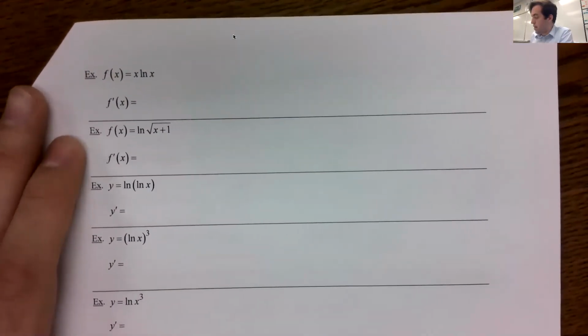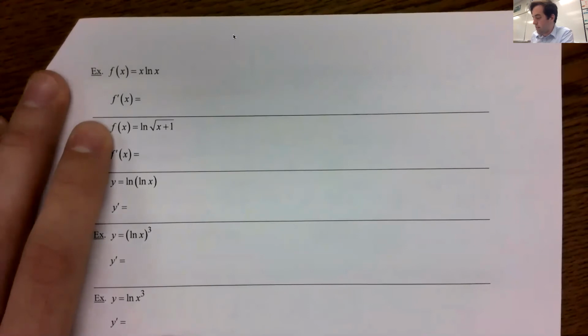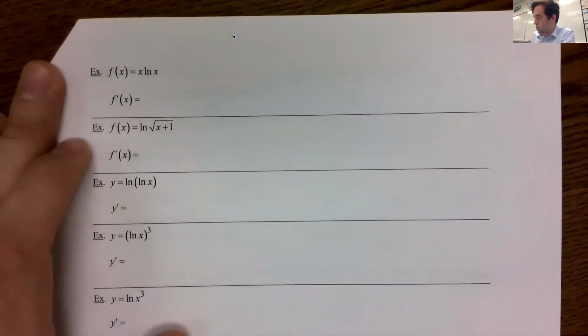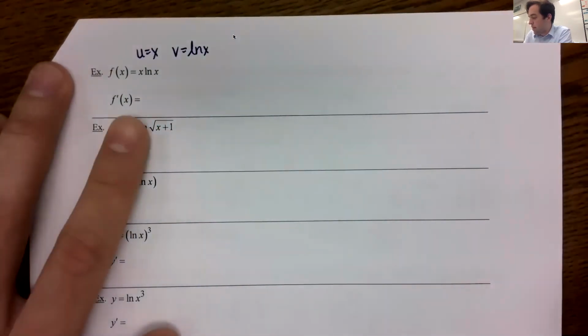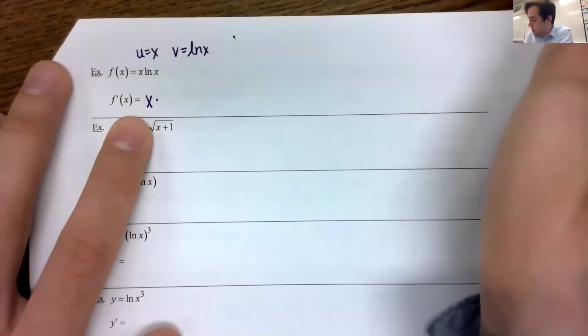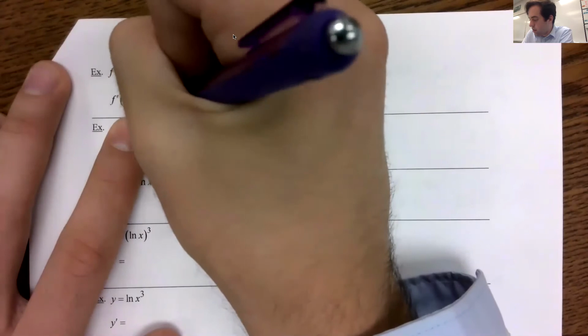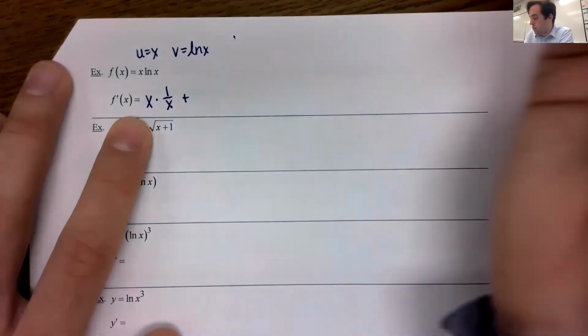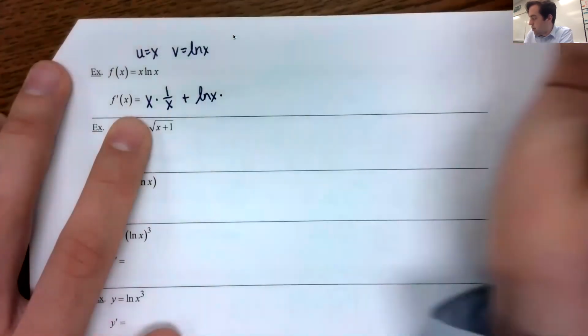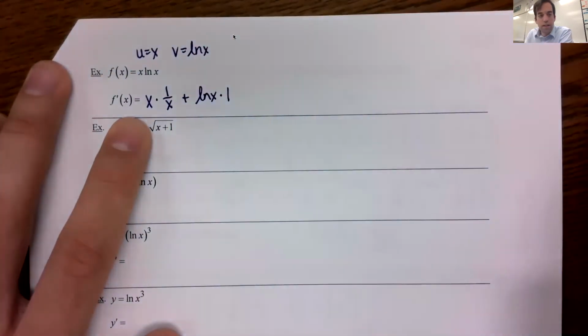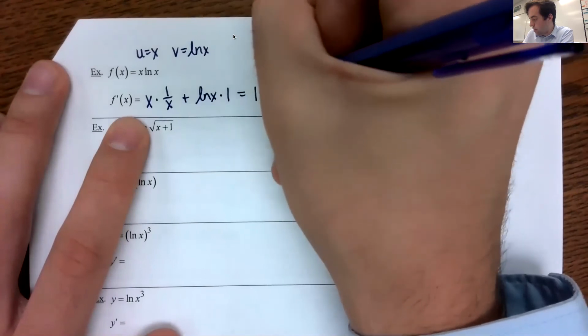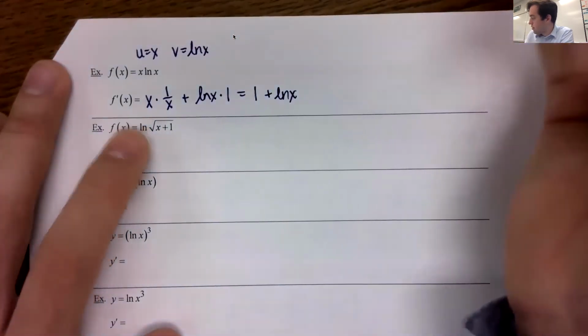All right. So x times natural log of x. Now this is our product rule, right? So we've got u is x and v is natural log of x. So our first derivative is going to be u times the derivative of v plus v times the derivative of u. And x times 1 over x is going to be 1 plus natural log of x.